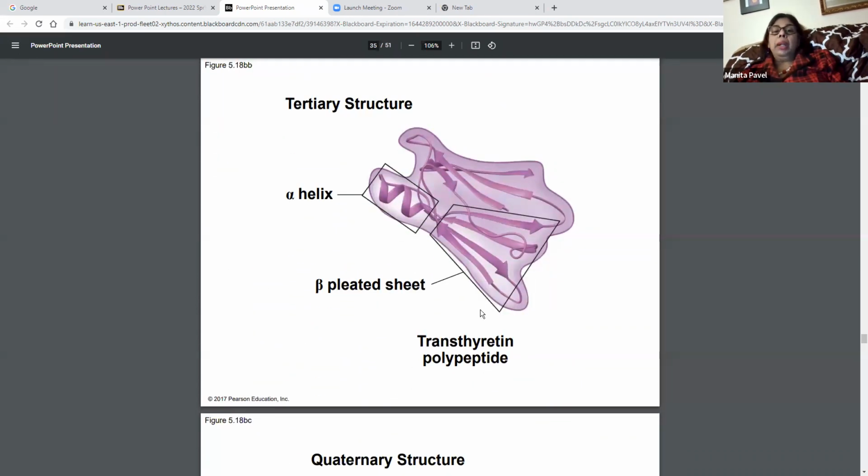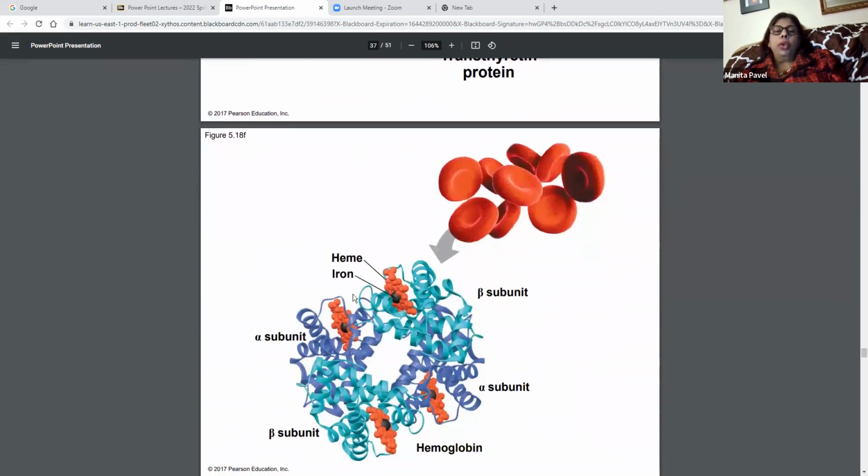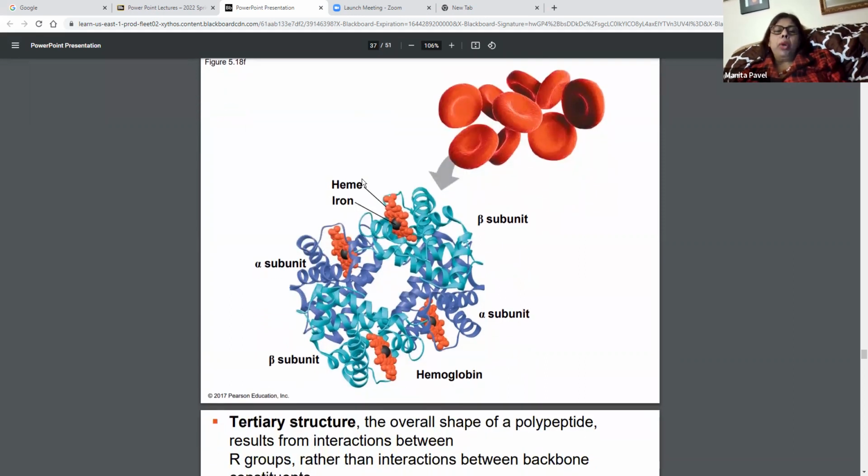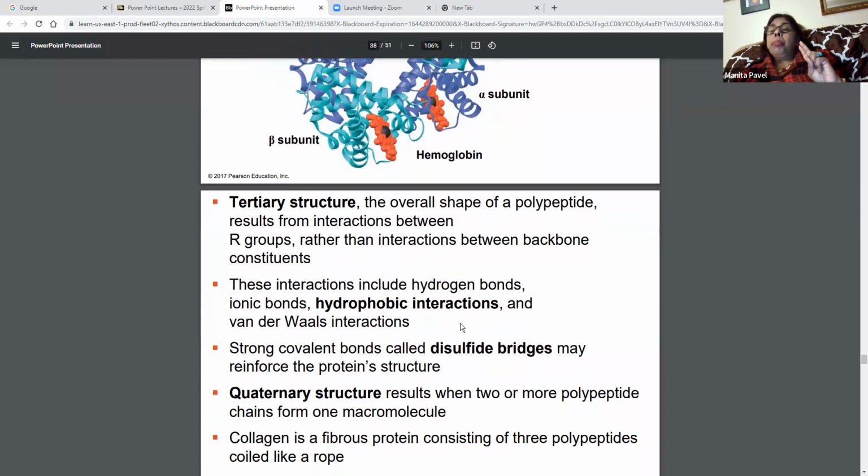The tertiary polypeptide is a combination of alpha and beta pleated, and quaternary, very complex, very folded, very convoluted, will be the quaternary protein, which is hemoglobin too. Okay, so they're showing you the hemoglobin protein here. See, number of alpha helices, and you have also the beta pleated structure over here. So the bridges or the bonds that hold would be called disulfide bridges between a protein molecule.